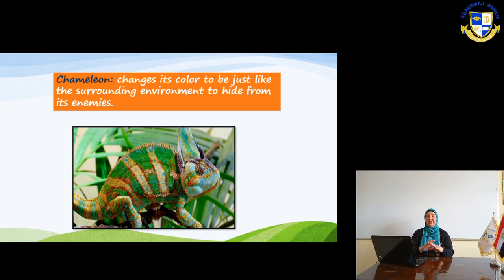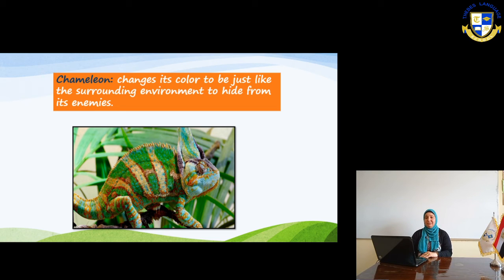Camouflage means that it changes its color to be just like the surrounding. For example, this chameleon is an amazing one. It can be just like the color it stands on. If it stands on this laptop, it will be black. If it stands on a green thing, it will be green. If it stands on a red thing, it will be red. Just like you see in front of you, it's an amazing animal.